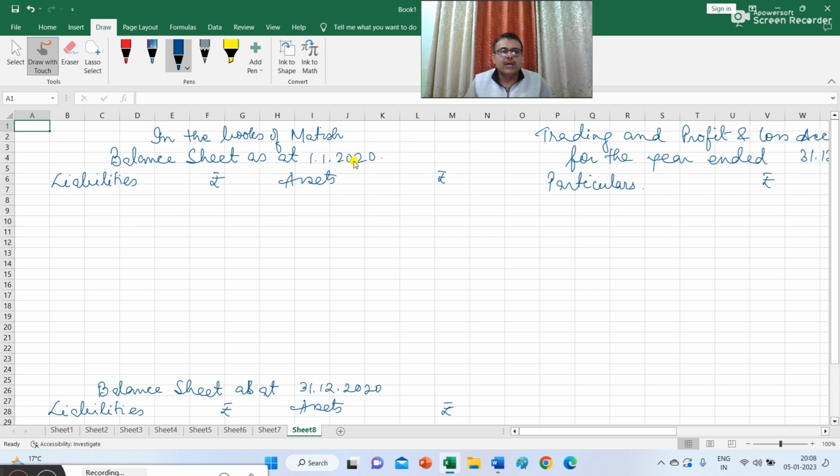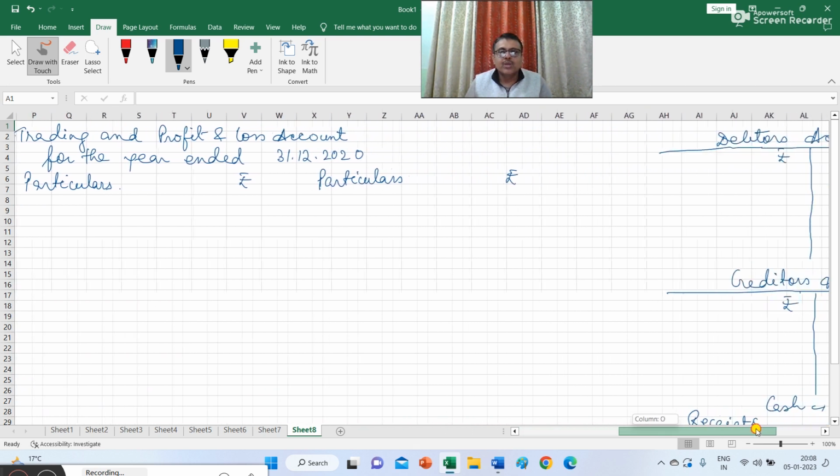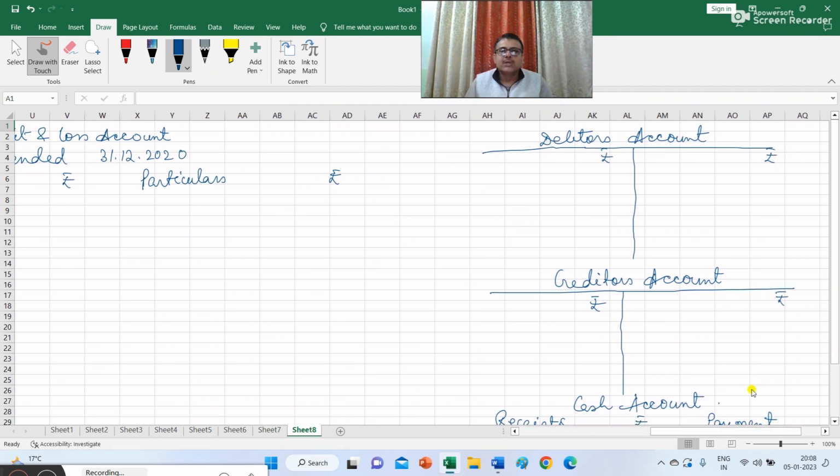You have already prepared the structure of the opening balance sheet, and on the asset side I am writing debtors, and you have a balance of 5,300. Again, you have to post this figure in the debtor ledger. So in the debtor ledger, I am writing here to balance BD 5,300.